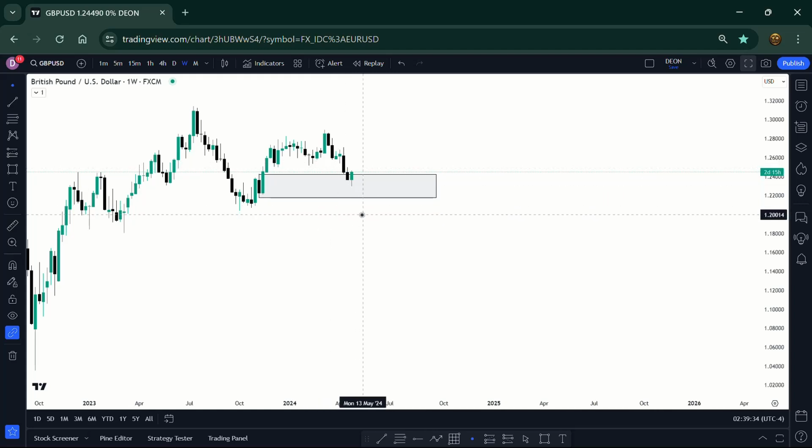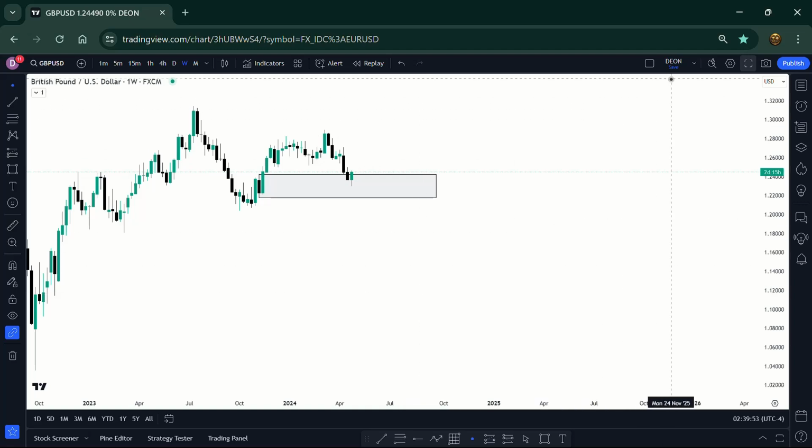The market can go up to that fair value gap, which acts like a magnet of some sort. It can just go into that fair value gap, react to it a little bit, and then start going down.